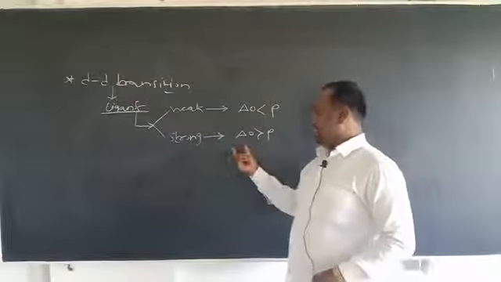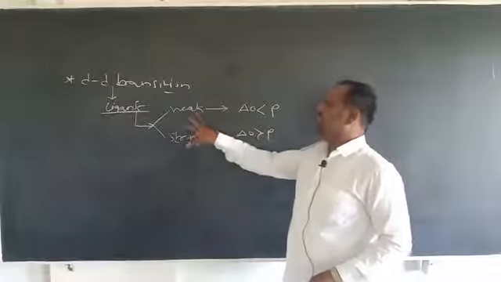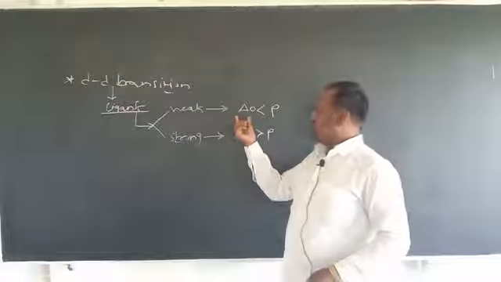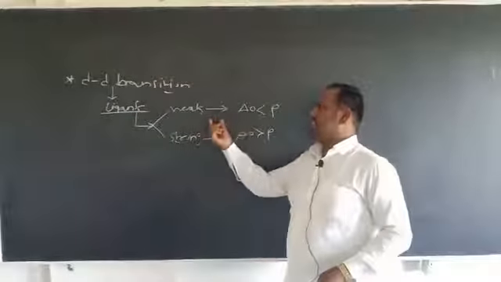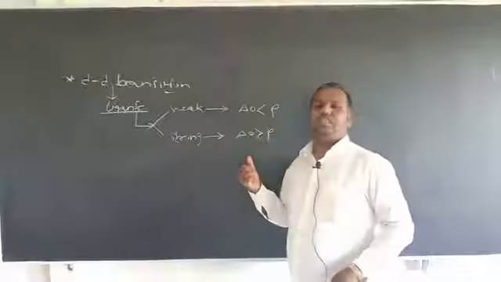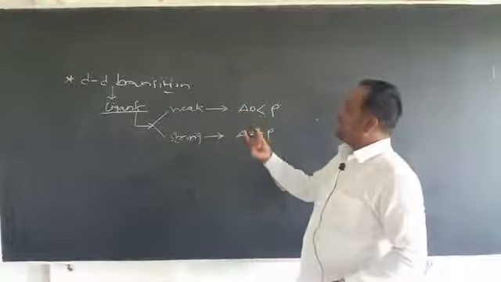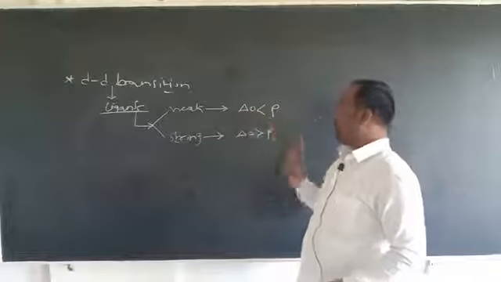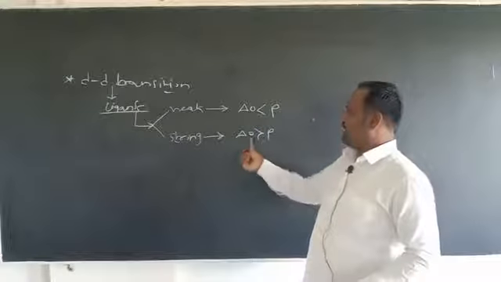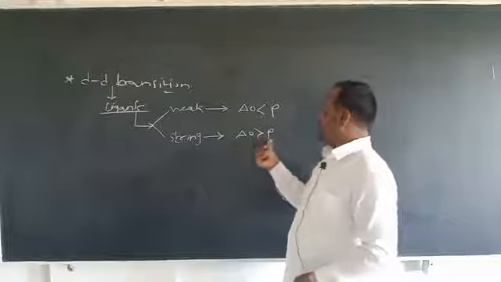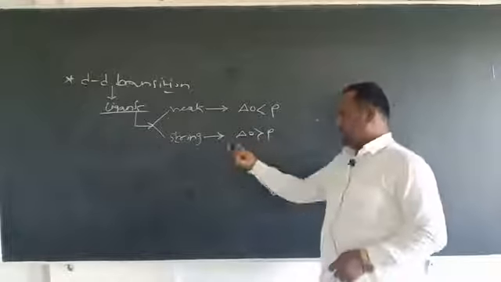This is the energy difference between the t2g and eg orbitals after splitting in presence of ligand. So delta octahedral is less compared to the pairing energy, and it is more in case of a strong field ligand.